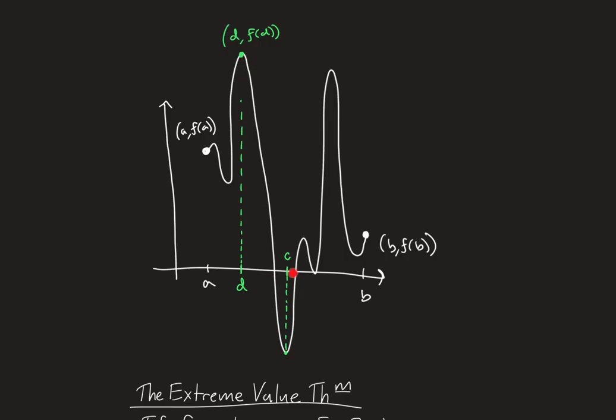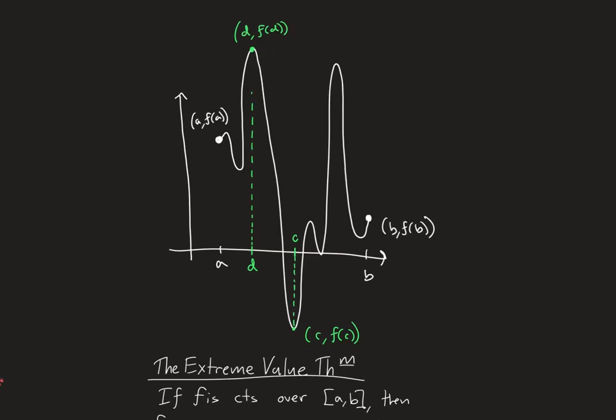So hopefully it's convincing that there's no way you're going to be able to do that without reaching some highest point and then never reaching that highest point again. In the opposite direction, there's no way you're going to be able to do that without reaching some lowest point and never reaching that lowest point again. So that's what this theorem is saying. And this point right here would be C comma f of C.